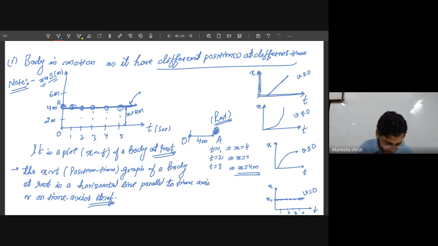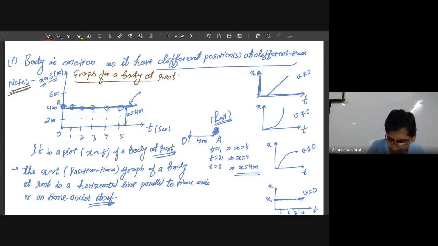So considering this concept, we have also discussed that for a body at rest, this was the graph. So the plot or graph for a body at rest, this we have also learned last day.